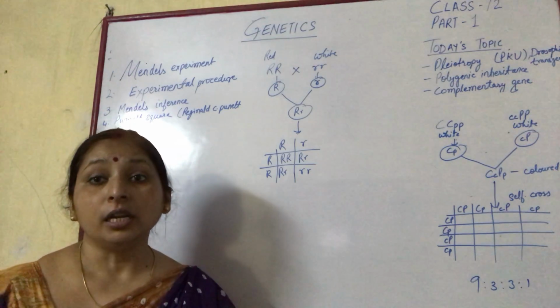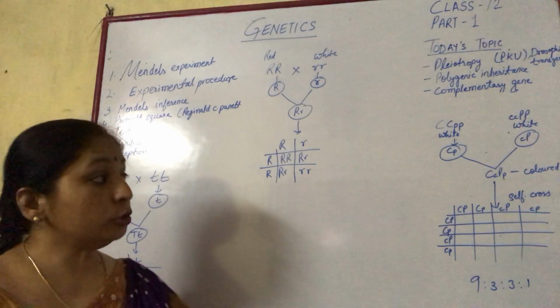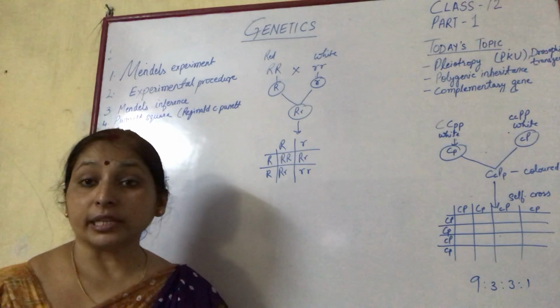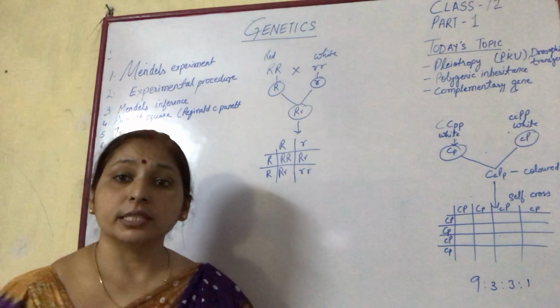Contrasting characters are termed alleles or allelomorphs. So allelomorphs are contrasting characters, where one may be the dominant one and the second the recessive.